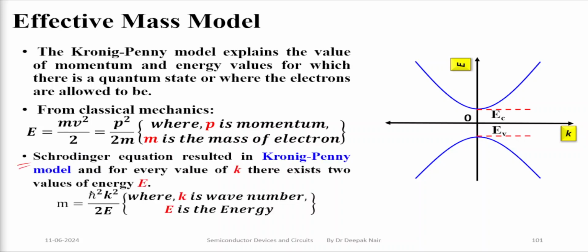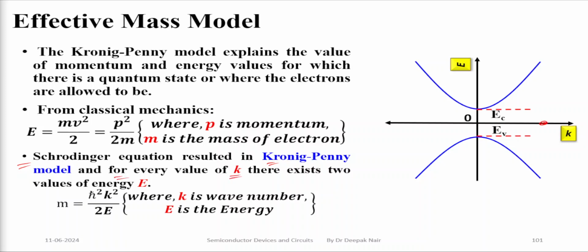If you go further back to my lectures, you can see how the Schrodinger equation helped the Kronig-Penney model to evolve. So we can say Schrodinger's equation resulted in the Kronig-Penney model.